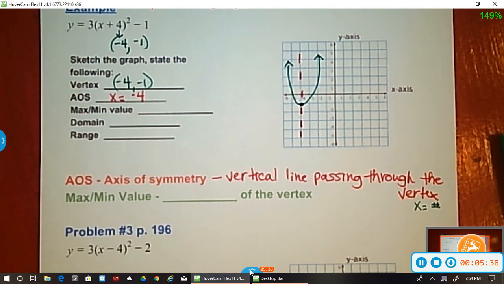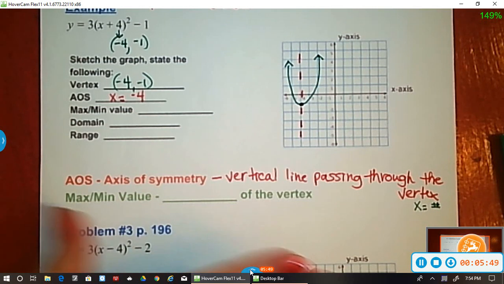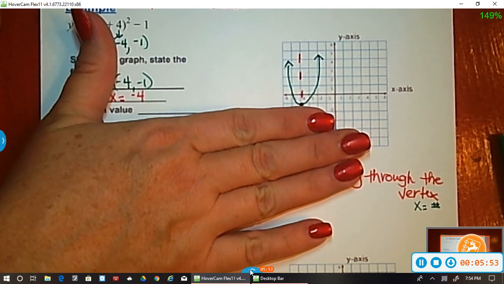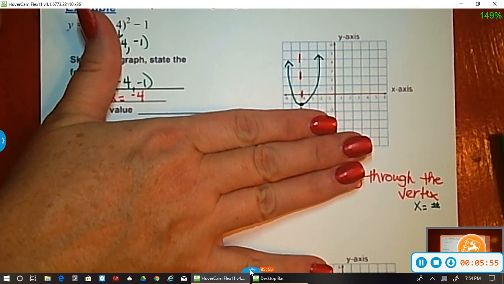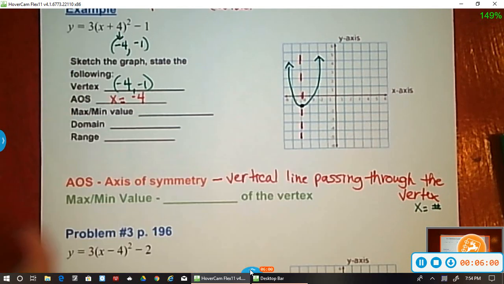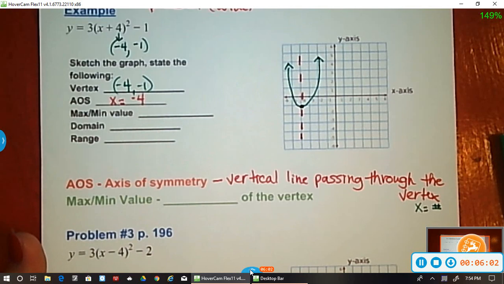So now, the maximum and minimum value. This is where we've got to go back to something we did the very, very first week, just a little bit. I want to look at this parabola and see, does it have a low point? When we're talking about our y values, does it have a low point where that is the lowest or smallest y value I can have? Or does it have a high point that is the highest y value I can ever have?